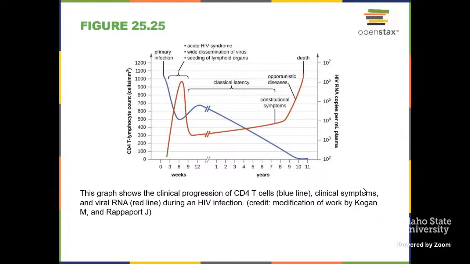Here's where we start seeing some of the symptoms, all right? It's really at this point, with these constitutional symptoms, that we have progressed from talking about HIV to now moving into AIDS. So acquired immune deficiency is when our T cell populations have been decimated, and we're truly not as effective at stimulating any sorts of immune responses.